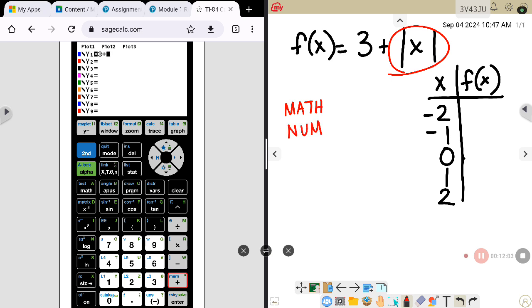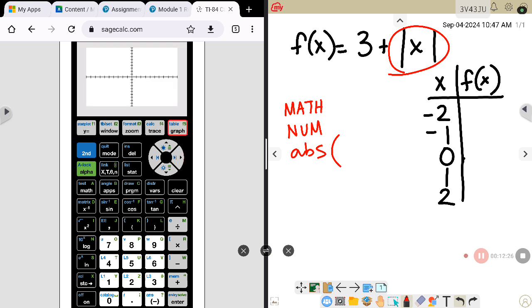So the math key, then scroll over 1 to NUM, and the very next thing you see is ABS. So you can go ahead and hit enter. That's going to give you those absolute value bars, and you can put your x in there.